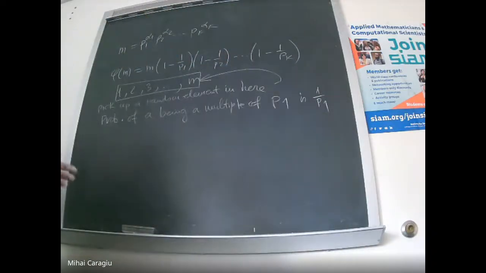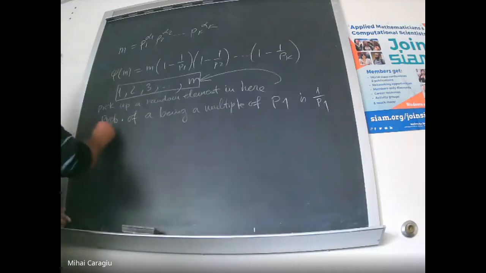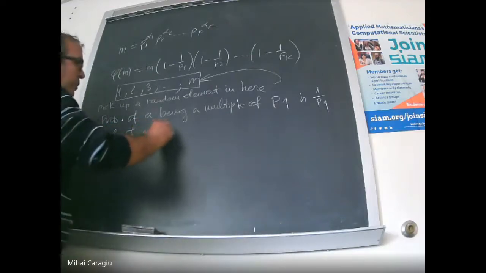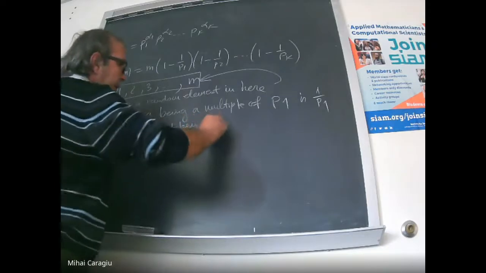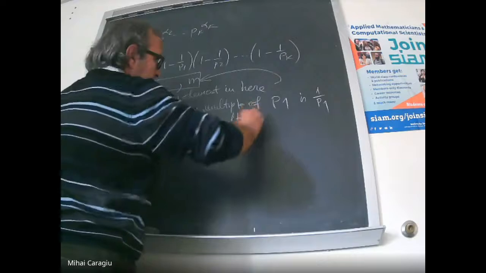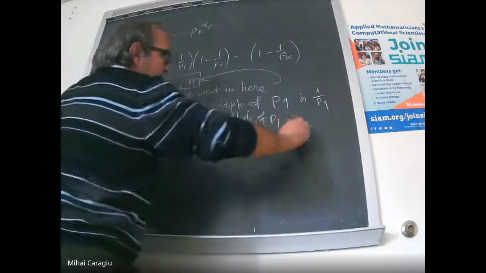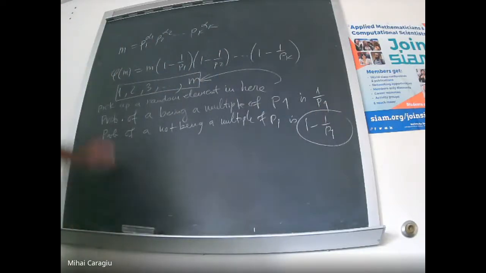Okay, now what about the opposite event? The probability of A not being a multiple of P1 is 1 minus 1 over P1. But we want to count, intuitively, elements between 1 and m which have no common factors with m. That means elements between 1 and m which are not multiples of P1, and not multiples of P2, and not multiples of P3, all the way through not multiples of Pk.